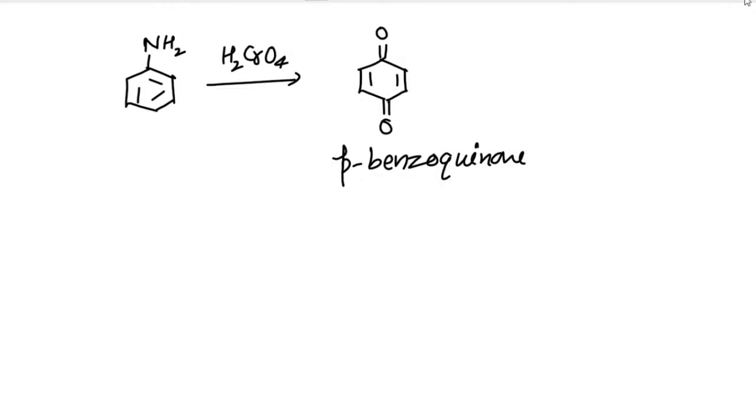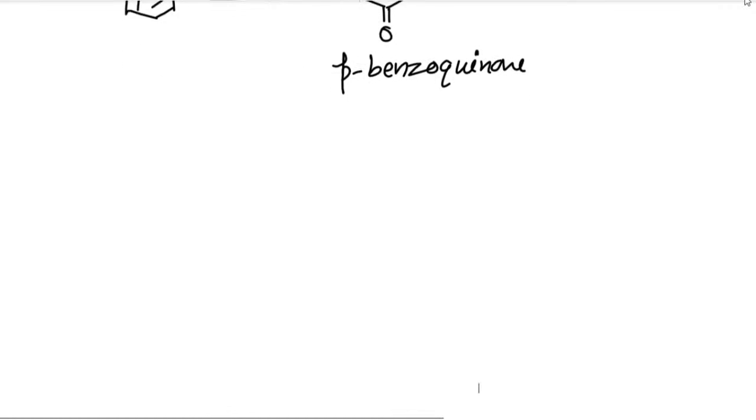So see, different products are formed. If we use Caro's acid, we get a mixture of nitrosobenzene and nitrobenzene. If we use peroxytrifluoroacetic acid, we get nitrobenzene. If we use chromic acid, we will get parabenzoquinone. Right. So these are the oxidation products of anilines with different oxidizing agents.